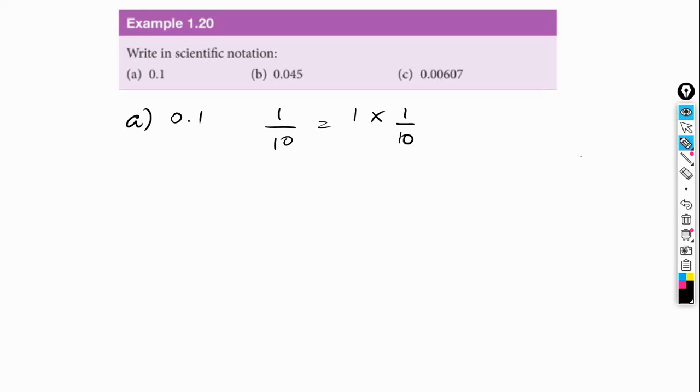And recall from the rules of exponents that this is the same as saying 1 times 10 to the minus 1. So the negative exponent in scientific notation really represents division, or moving the decimal point to the left. So what we're saying here is 1, and then move one decimal point to the left, which would give us 0.1.